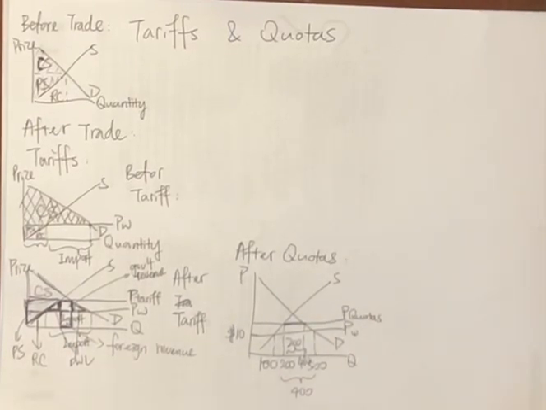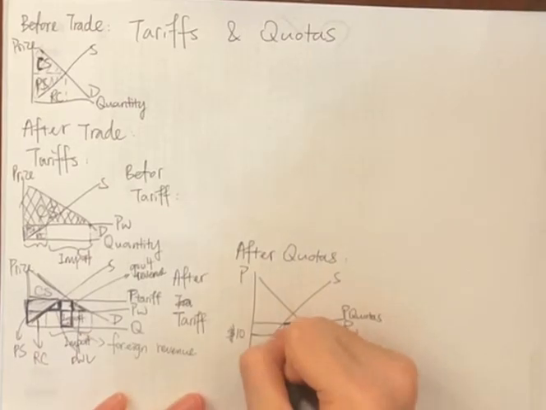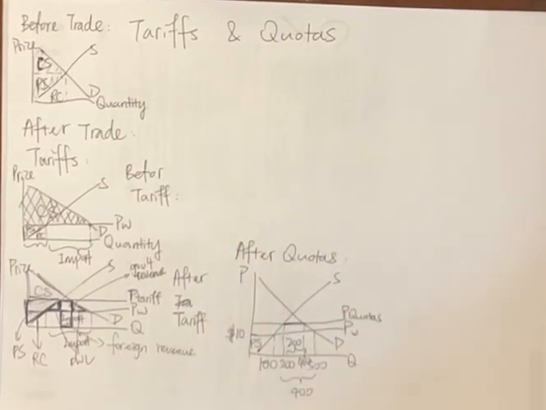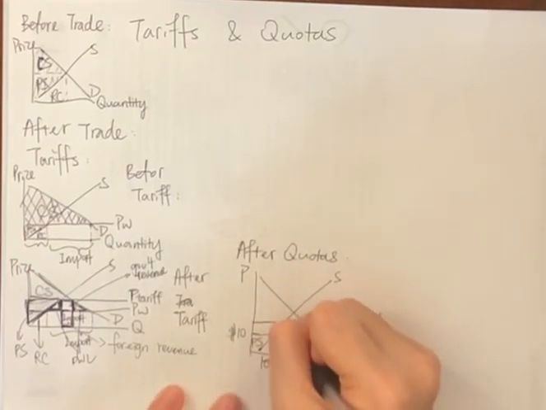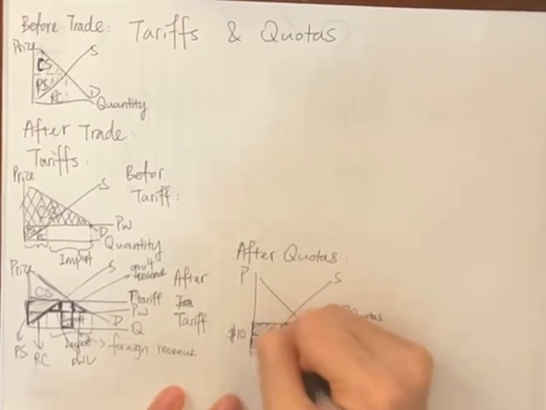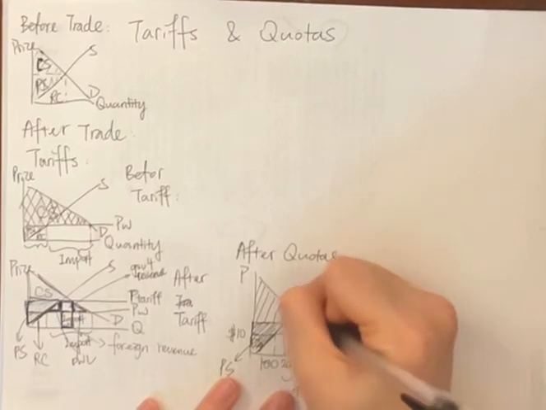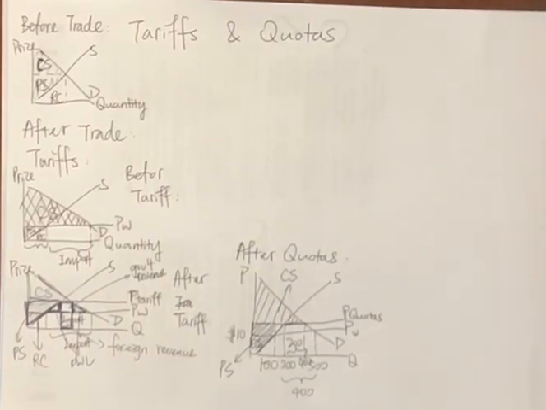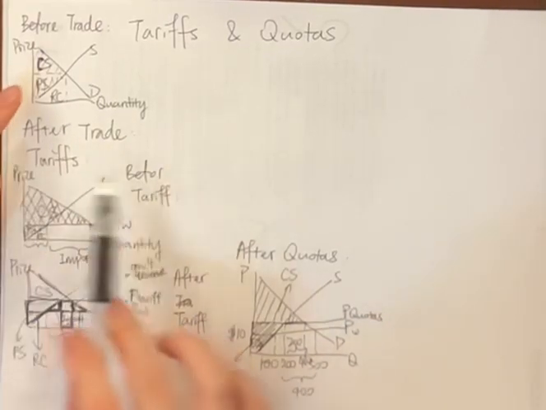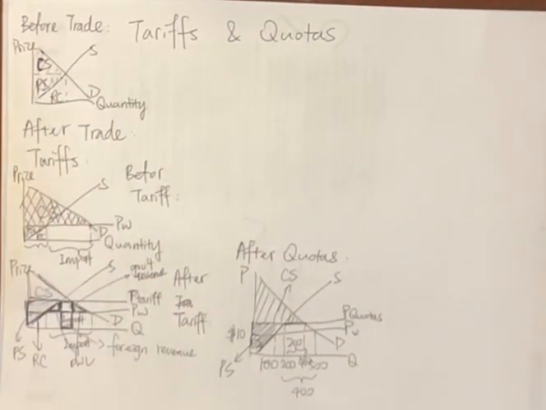And then let's think about this graph. This is the producer surplus before we set the quota, and this is the producer surplus after we set the quota. And this amount is the consumer surplus, which is smaller than under free trade, before you do anything like tariffs and quotas, but it's definitely still larger than before trade.